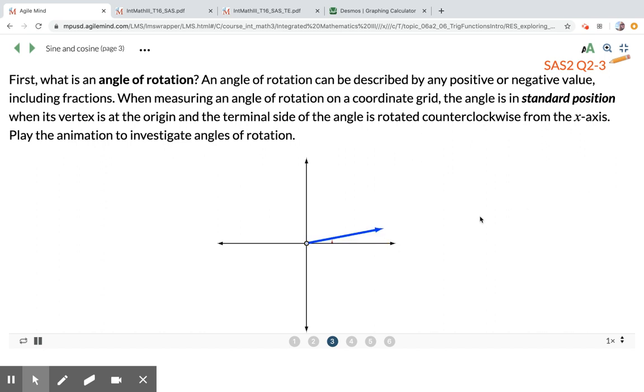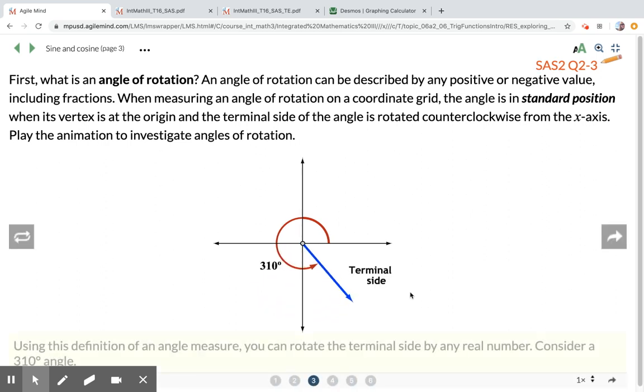Now, of course, we can take this further. I don't have to just do 60 degrees. I can go further. I can go all the way around. Oh, look at that. Here's a 310 degree angle of rotation. Started here, went past 60. You can see straight up, that would be 90 degrees, right? From here to here would be 90 degrees. If I kept rotating all the way to here, if I had a straight line, that would, of course, give me 180 degrees.